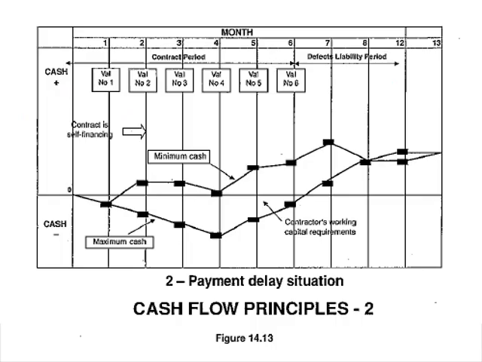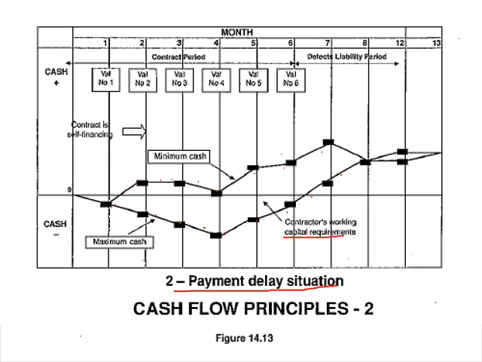Okay, and then if you have your payment delay situation, your optimal trend actually looks much better with your secondary graph, and the contractor's working capital requirements are much lessened.